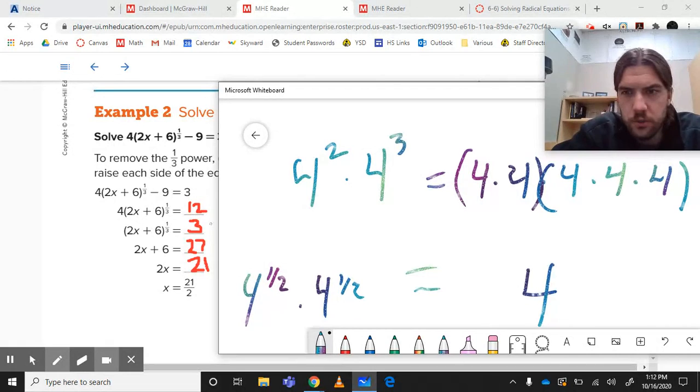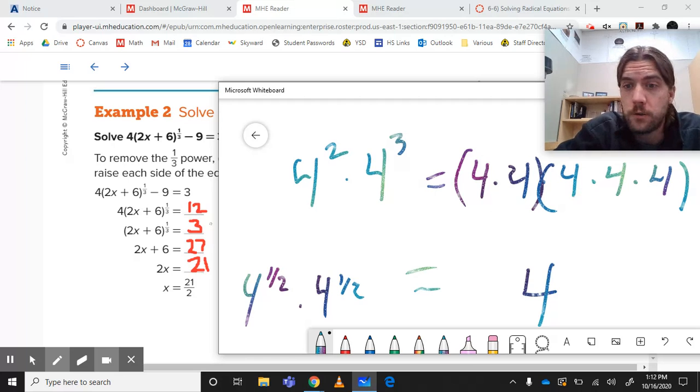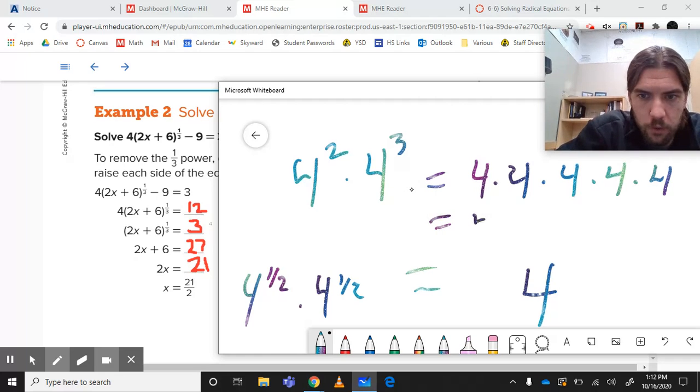Now, there's no distribution because there's no sums inside of these factors. These factors are themselves products of smaller factors. It doesn't matter if we write parentheses or not. We can say that 4 squared times 4 cubed is essentially just 5 4s in a row. So what did we do with the exponents? We ended up with 4 to the 5th.